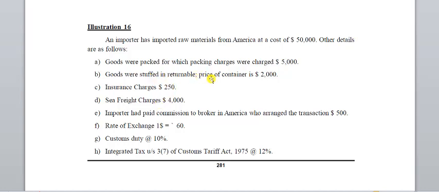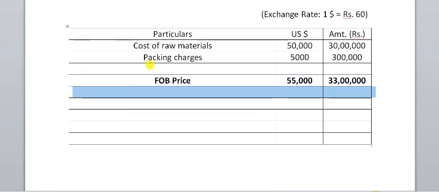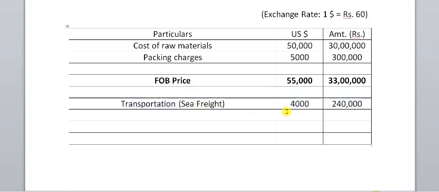This is a returnable packing, so we will not take that into consideration. One more item used to come is commission, but here commission is ignored because it is buying commission. Why? Because importer is paying the commission. So we will ignore that. Let's come back. Now we have to take the transportation cost, sea freight. Whatever is the amount given, we have to take directly.